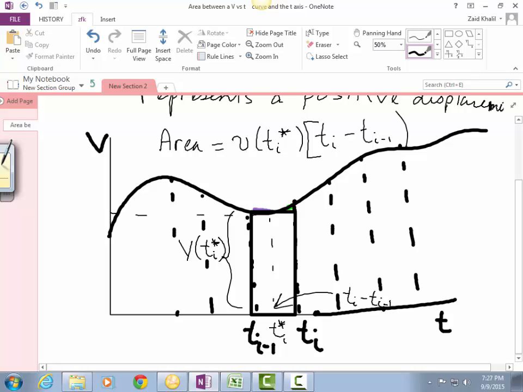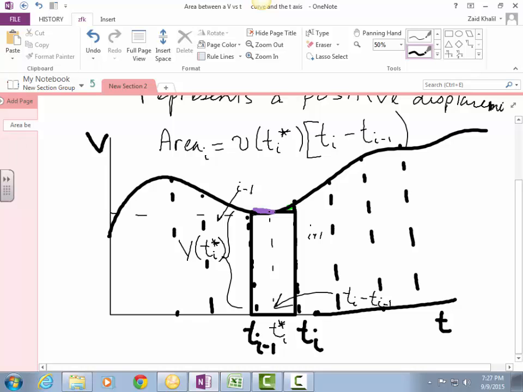And that's the area of, let's say, the ith rectangle, because we're going to do the same exact thing with all these other rectangles. So, for instance, this would be the i plus 1 rectangle, and this would be the i minus 1 rectangle. Okay.